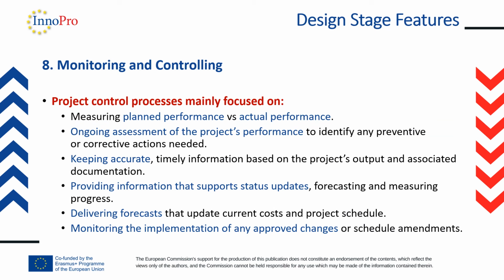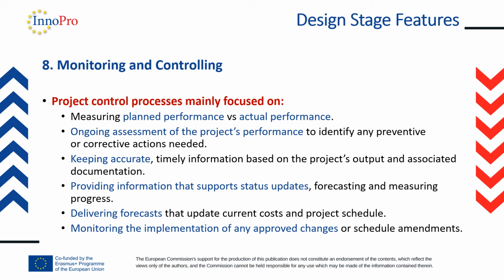In the monitoring and controlling processes, we usually focus on, for example, measuring planned performance versus actual performance. At any time of project realization, we can monitor planned values and also actual values. The planning control process is also based on ongoing assessment of the project.